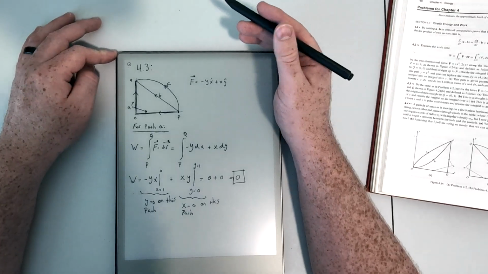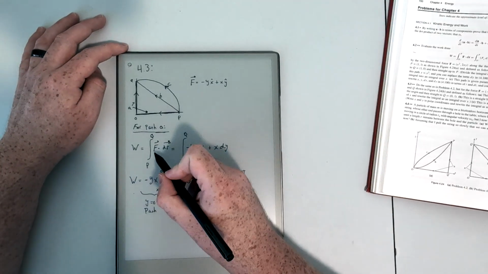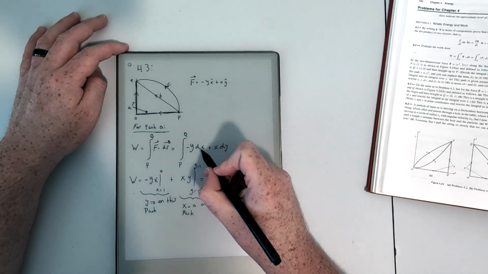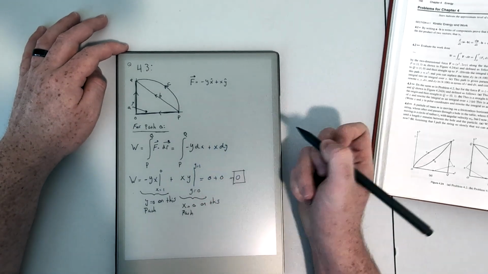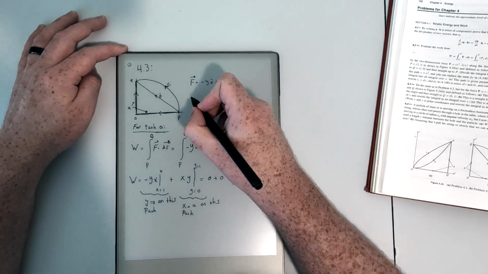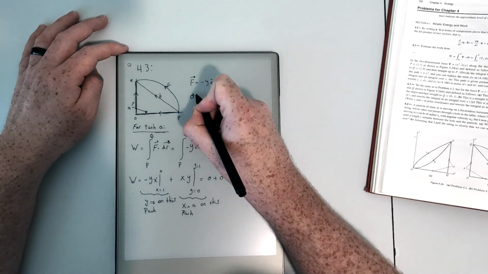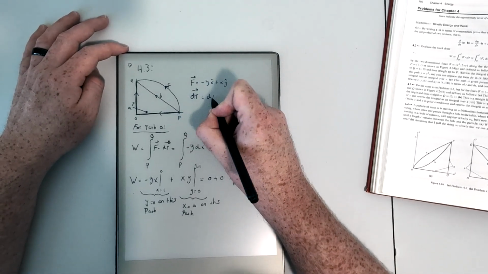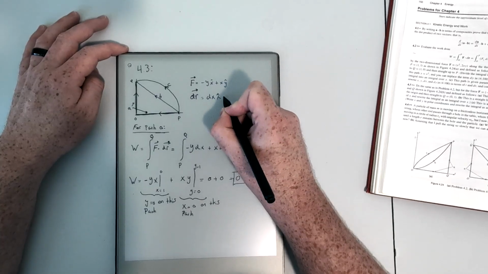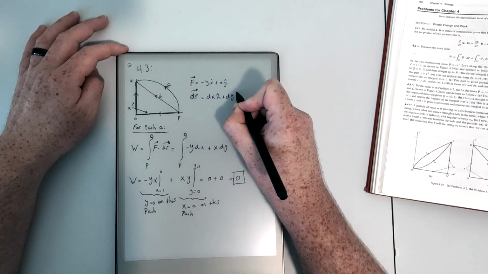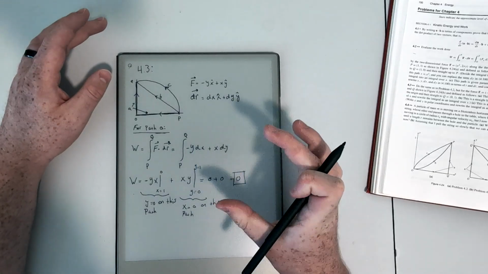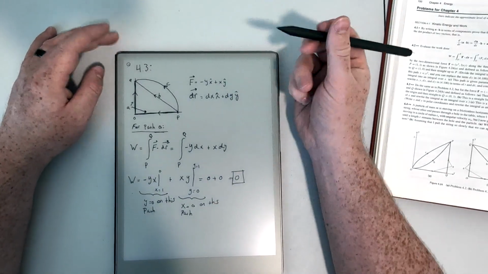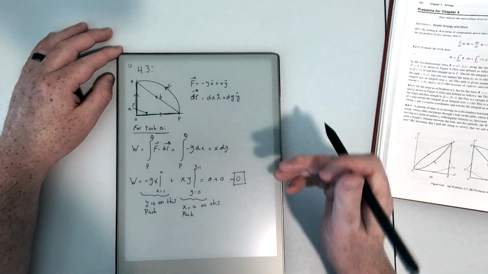So what we're going to end up having here is that if you do F dot dr, we get minus y dx plus x dy, where dr, if you don't remember, is dx x hat plus dy y hat, just a differential amount of length, at least in Cartesian coordinates, which we're working in here.